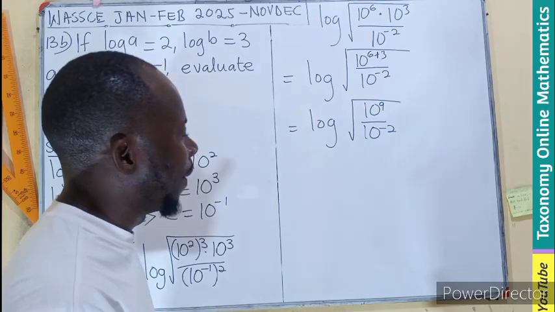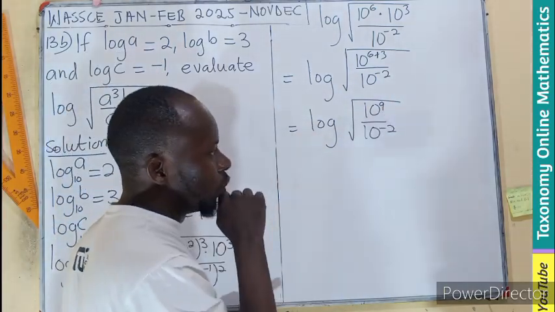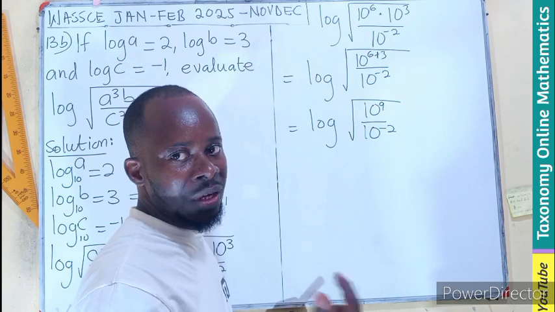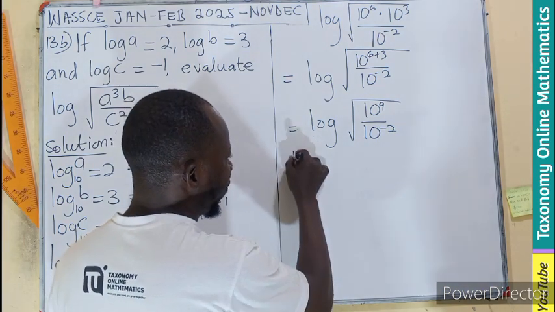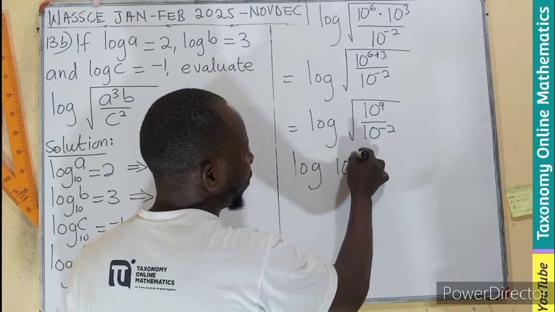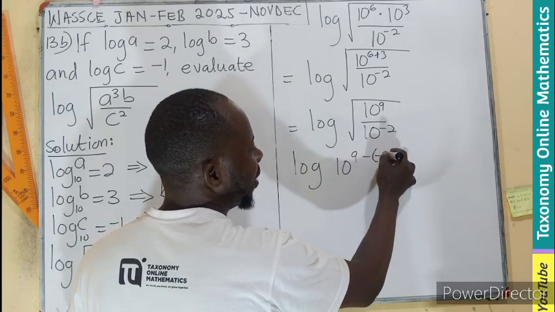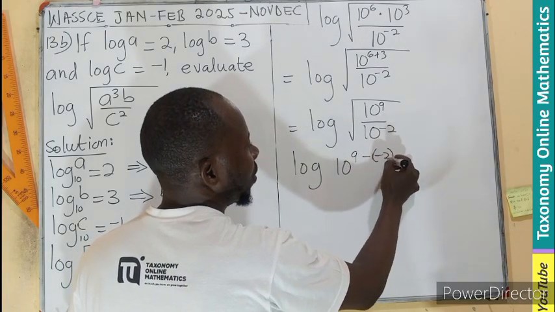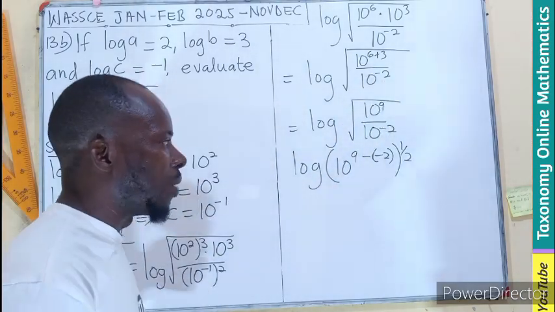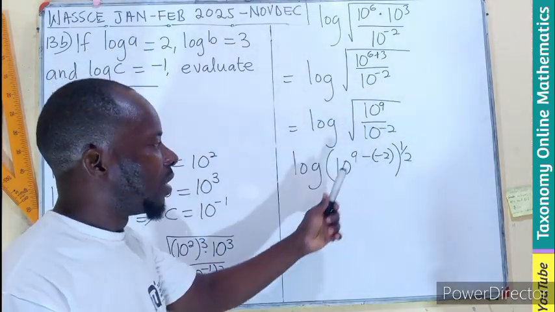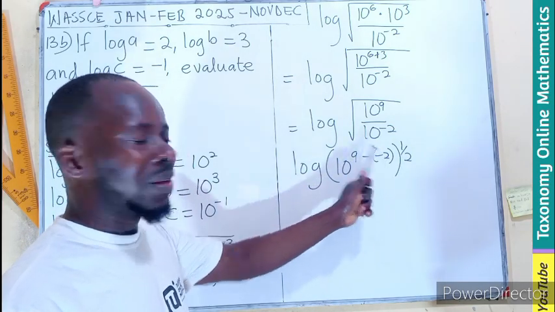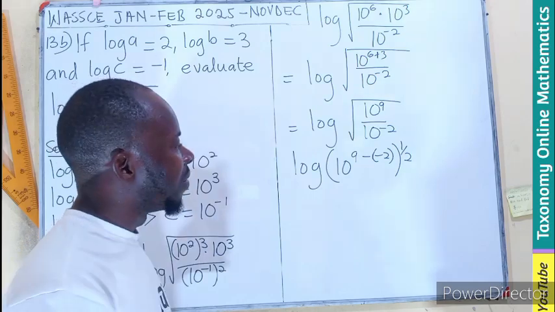Still under the root, we can see that as a division under indices. So I have my log of 10 exponent 9 minus negative 2, then all to the power of half, transforming the root into an exponent. This is going to be 9 plus 2, that becomes 11, right?